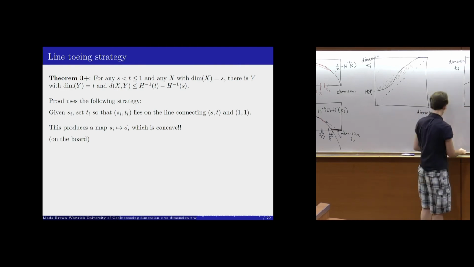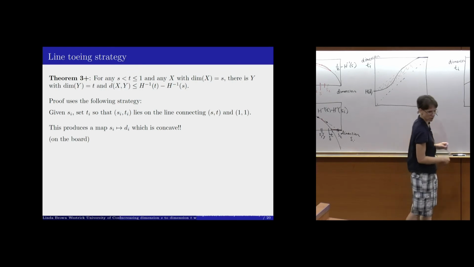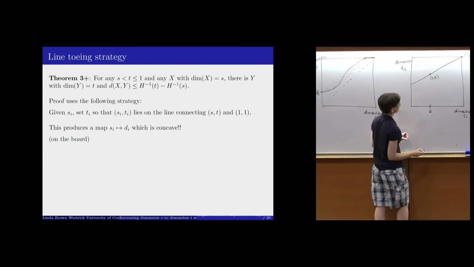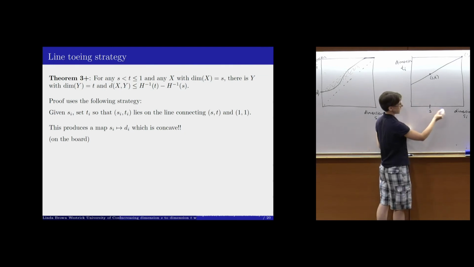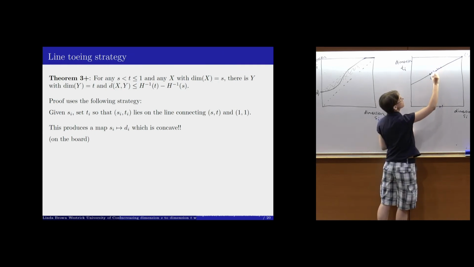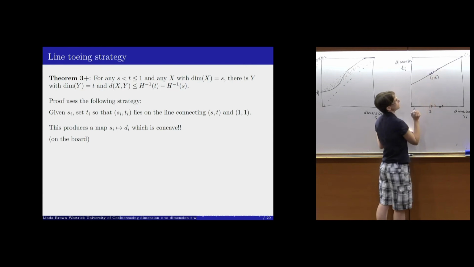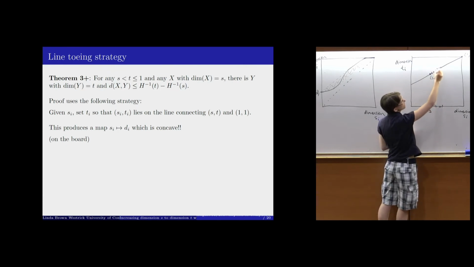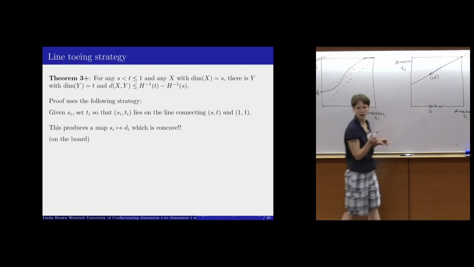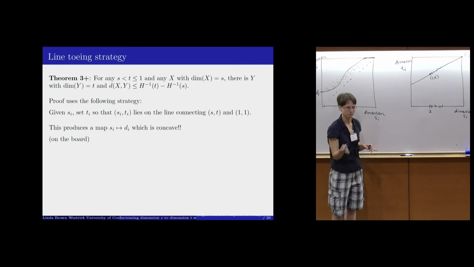Because as the running averages for the complexity of X dance around in this area, the running averages for the complexity of Y will dance around on this line. Sometimes they'll get down to being equal to t, sometimes they'll be above it, but above is okay because more complexity is okay. So this will give me a Y that has the right properties for complexity.